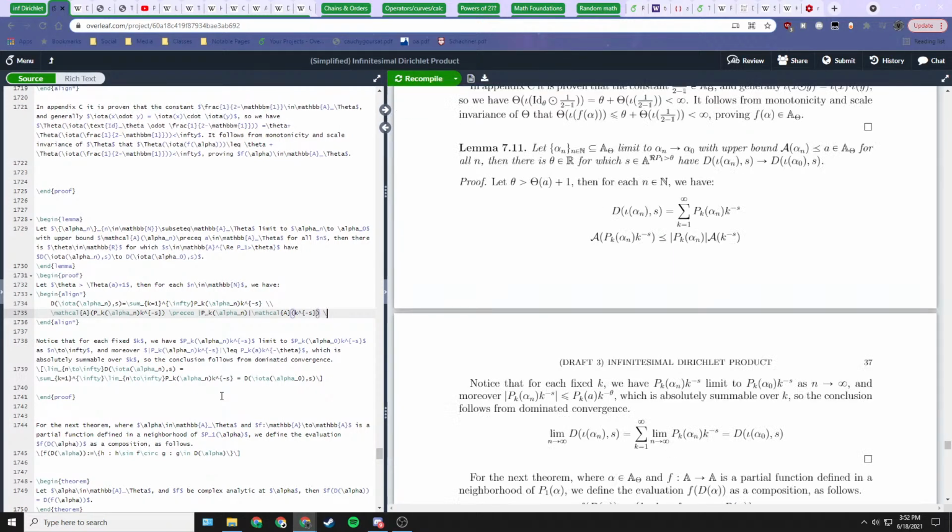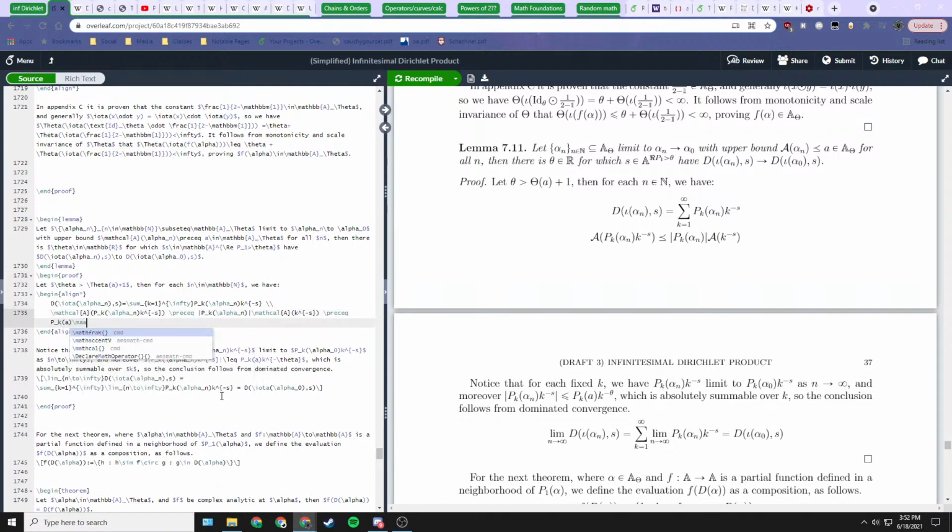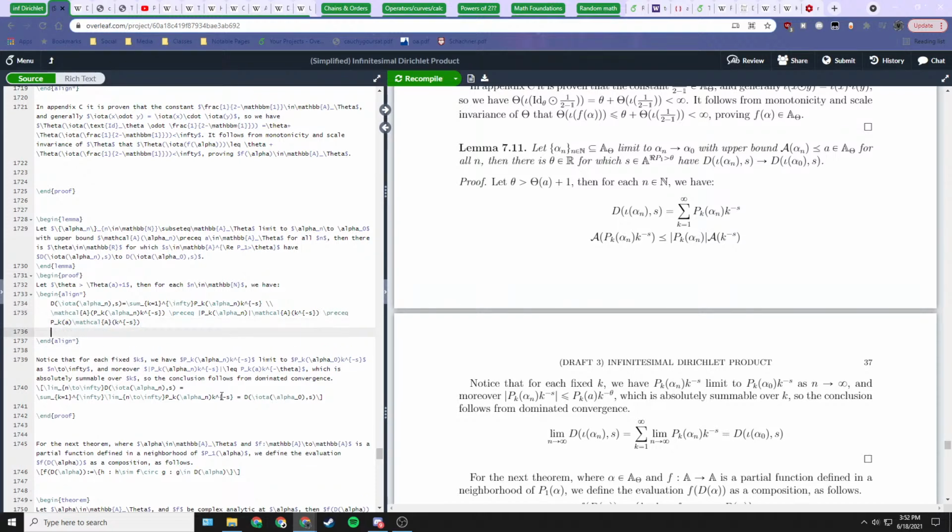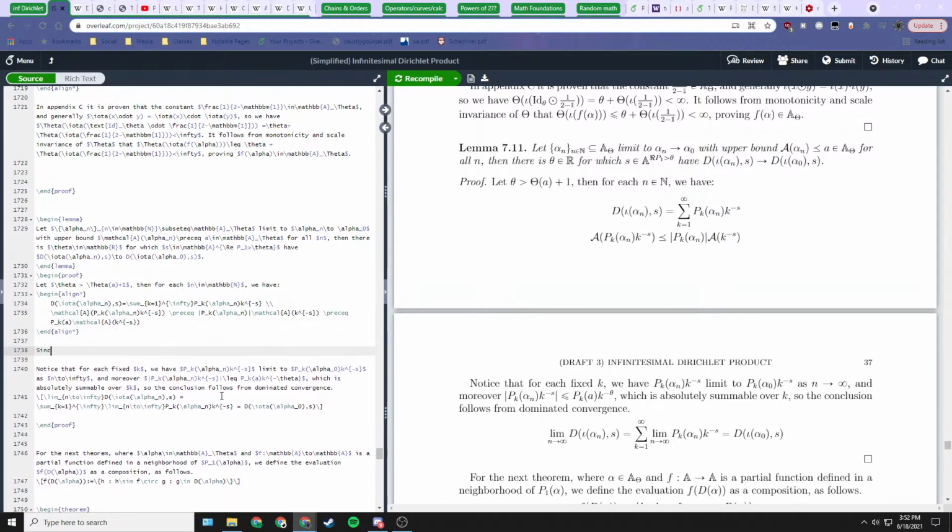And then absolute value p k alpha n is bounded by just a, so this will be p k A times a k power minus s. And then we can say capital theta of this sequence of k power minus s, the theta value of this k power minus s sequence.